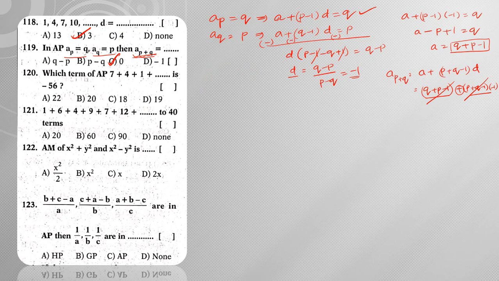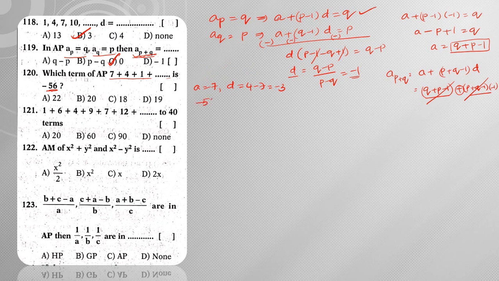Next, which term of the AP 7 plus 4 plus 1 is minus 56? First of all, take the value of a is equal to 7, d is equal to 4 minus 7, which is equal to minus 3. Now what is he asking? Which term is minus 56? For that I need to consider the nth term.